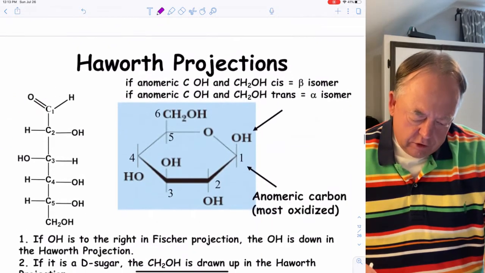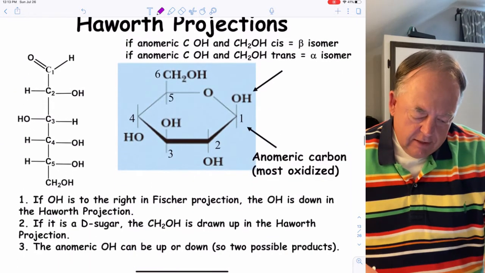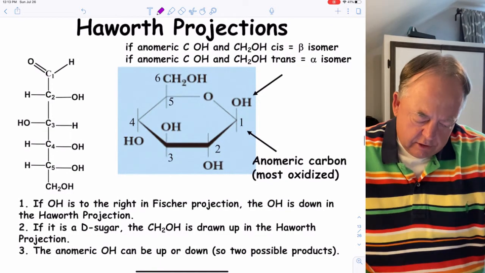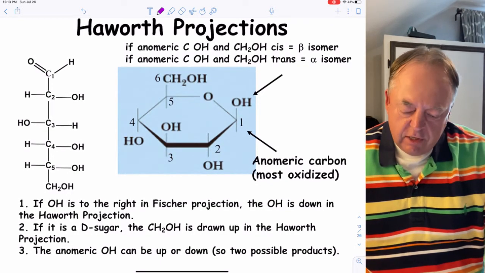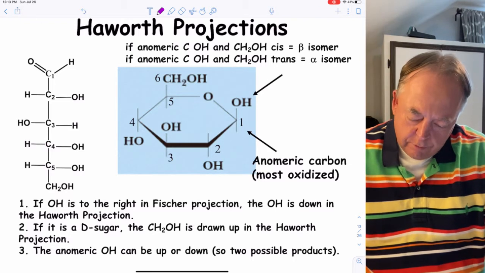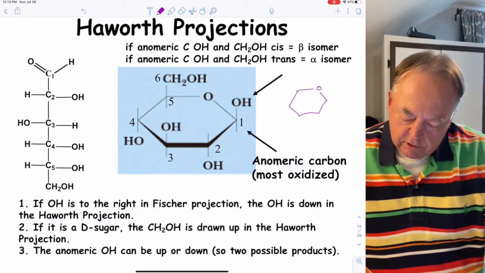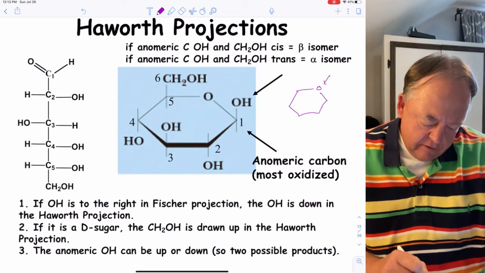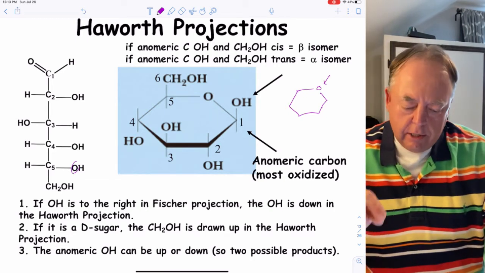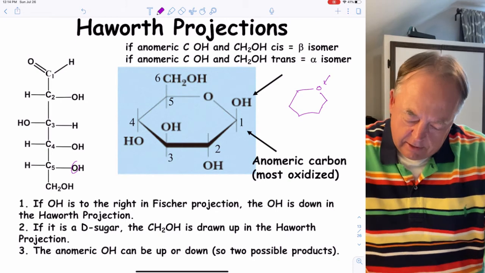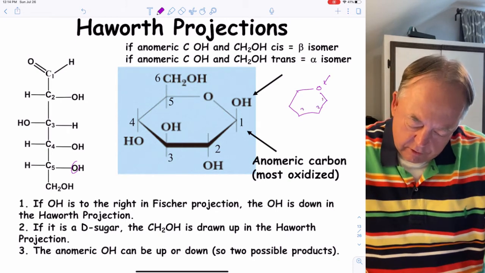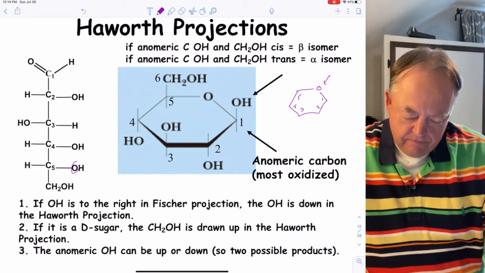Okay, so when we draw this in a Haworth projection, there's an easy method to keep the stereochemistry correct. When you draw a Haworth projection, you always draw it like this, where this oxygen at C5 that becomes part of the ring is always drawn in the upper right-hand corner. And then you number 1, 2, 3, 4, 5 around the ring.